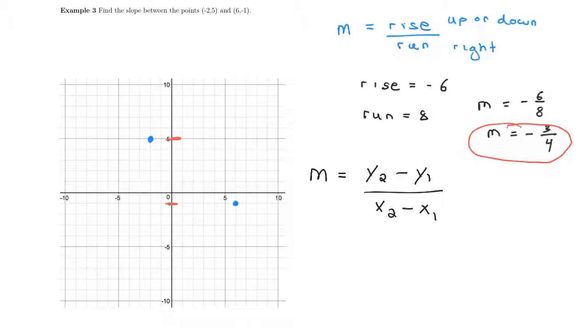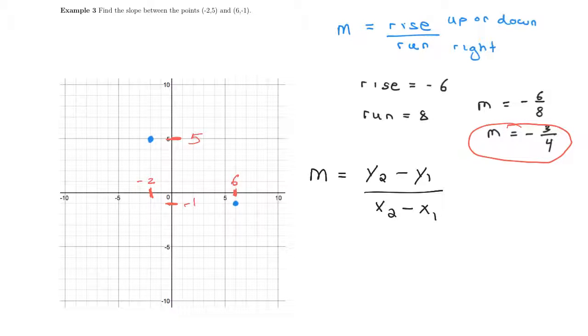And then your x2 would be here and your x1 would be here. Oh, that's in the wrong spot. It would be here. So if you want to write those out, this x value was 6 and this x value was negative 2. This y value up here is 5. This one is negative 1.